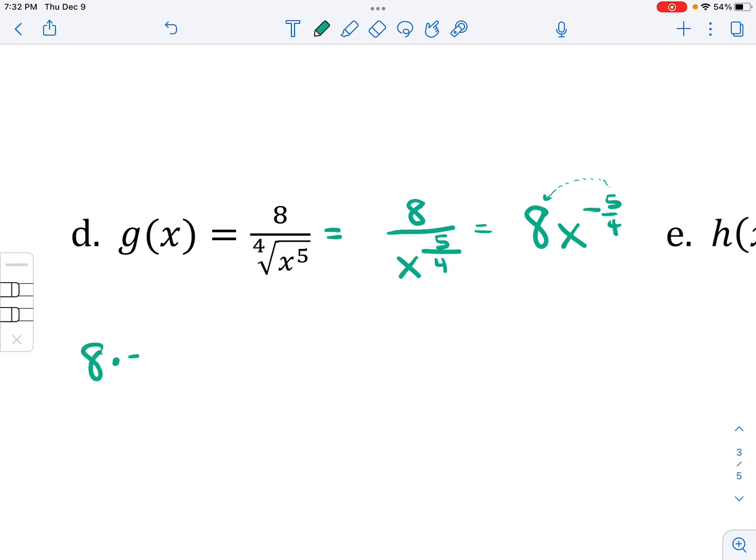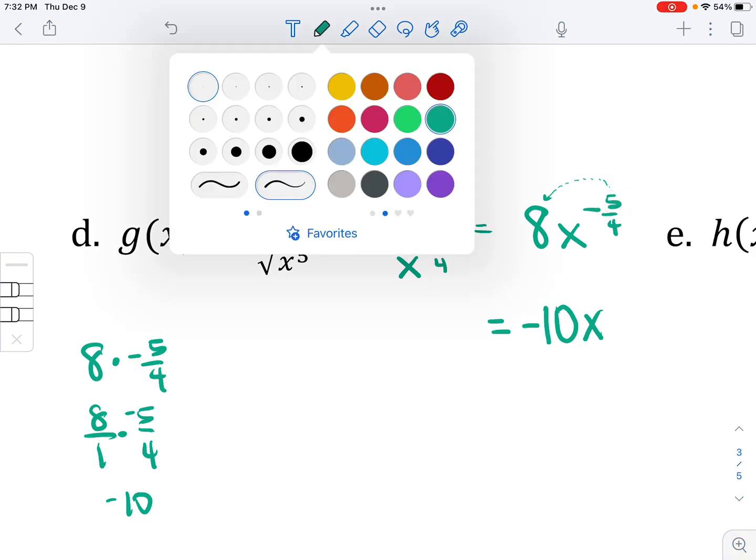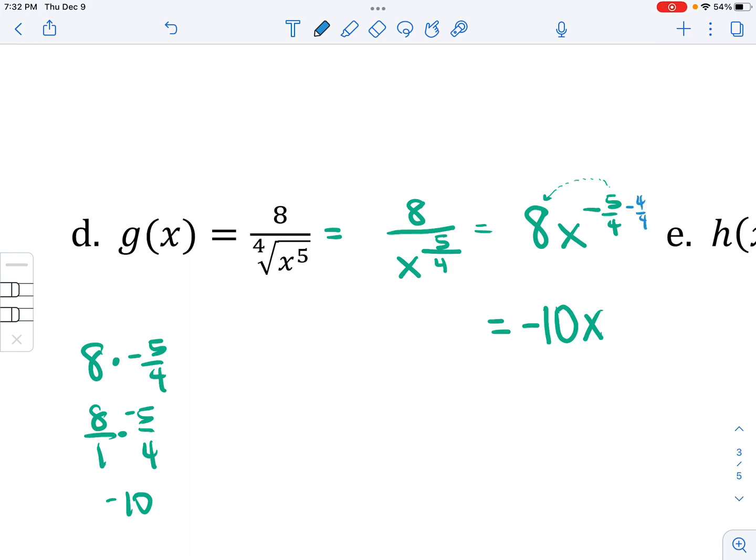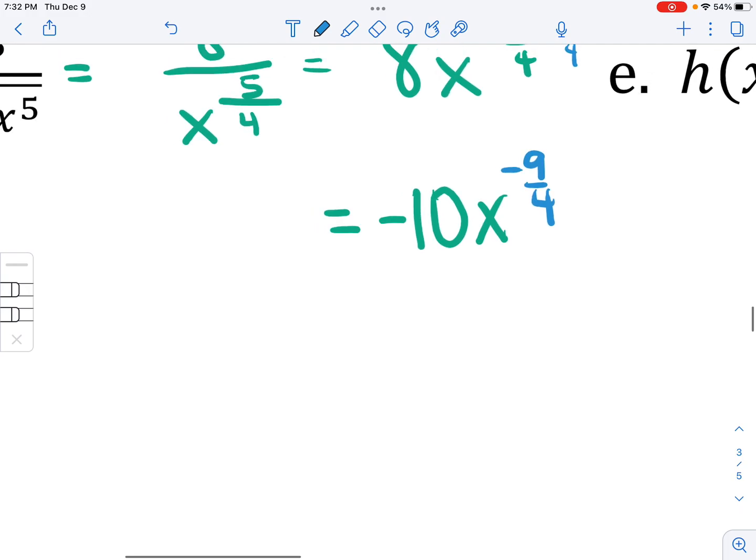So 8 times negative 5/4, 8 over 1, 5 over 4. 8 times 5 is 40, 40 over 4, I forgot a minus sign. 40 over 4 is 10 with a minus sign, so really this is negative 10x, and I'm going to subtract again minus 1. So again, minus 1 would be like minus 4/4. So negative 9/4.